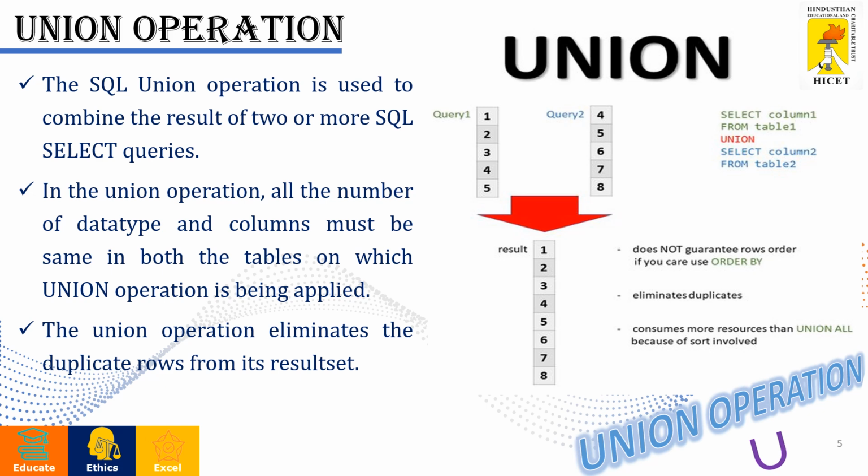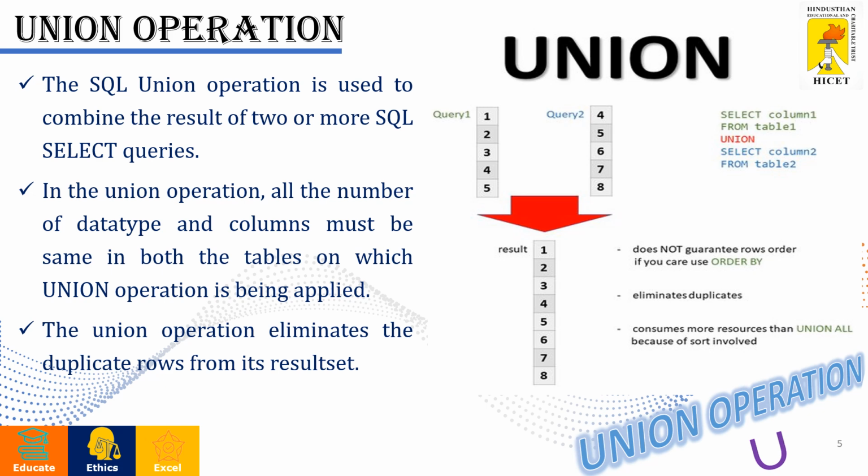For example, here query 1 contains the numbers 1, 2, 3, 4, 5, and query 2 contains 4, 5, 6, 7, 8. Union is an operation where we combine the data of both the tables, but the duplication is removed. So 1, 2, 3, 4, 5 from the first table is taken, 4, 5 is repeated in the second query, so 6, 7, 8 are added.